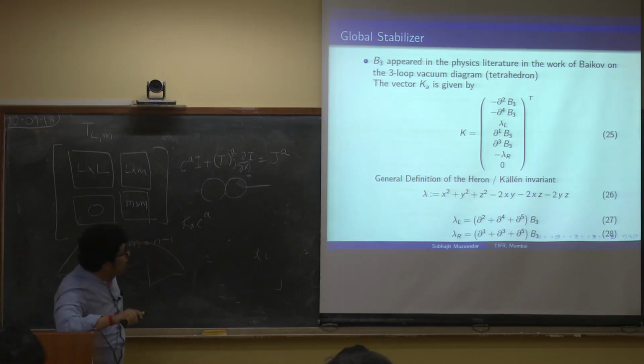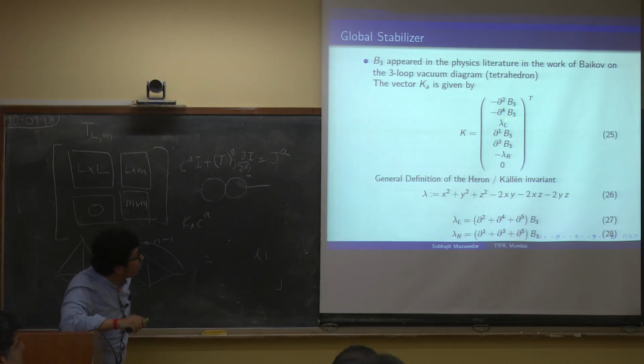So the first maximal minors, which has only one index, will give you this thing. If you multiply, it will annihilate C, annihilate T, and only give a relation between K dot J. Okay. And for simplicity, if you just write it, these are very long, but fortunately these are much symmetric. These can be obtained by the derivative of B3 and this lambda, which is this thing, and so on.